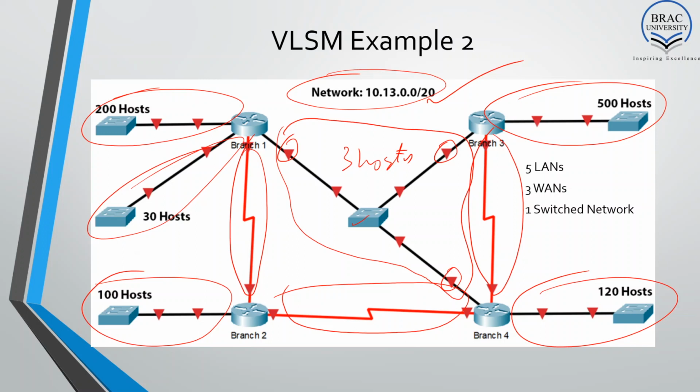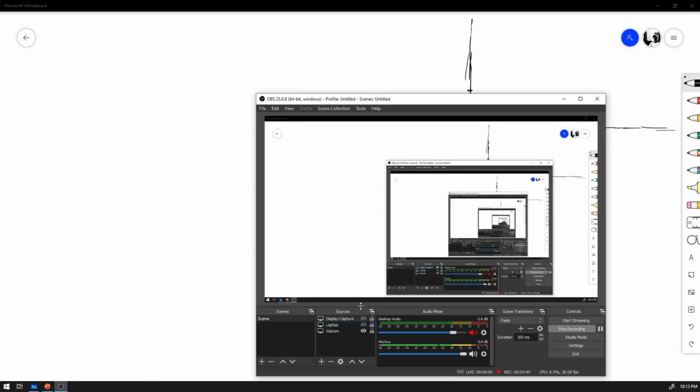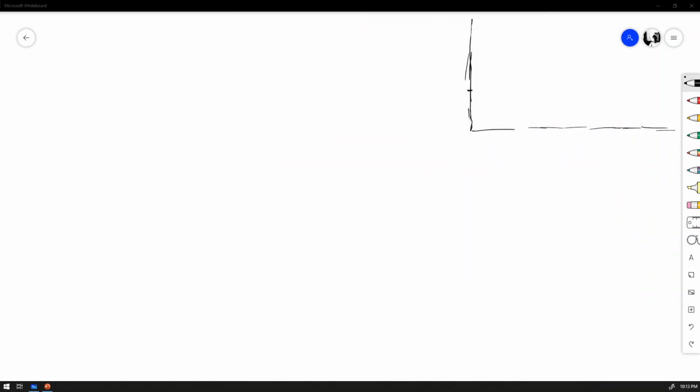I hope you have taken a picture, because I'll be changing the window now. So I'll just go to the Wacom board now. Yeah, here. Anyway, on this board, first we're going to draw the table that we need. So we had the hosts, something like this. I'll write them in sorted manner right at the beginning. So these were the requirements.